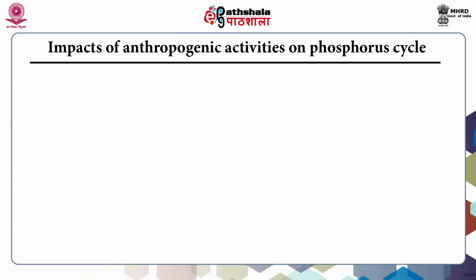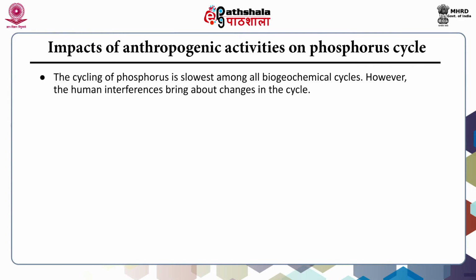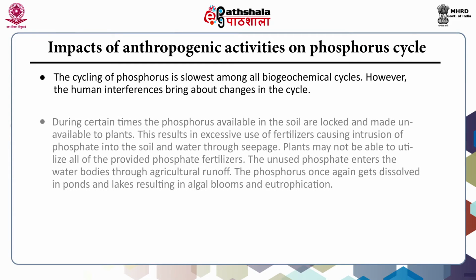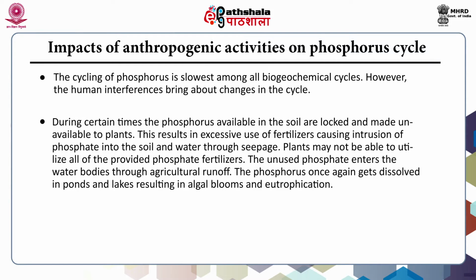Now, let us discuss the impacts that anthropogenic activities cause on the phosphorus cycle. The cycling of phosphorus is very slow and it is retained in certain segments, but human interference brings about changes in the cycle. One, during certain times the phosphorus available in the soil is locked and made unavailable, which we discussed earlier.